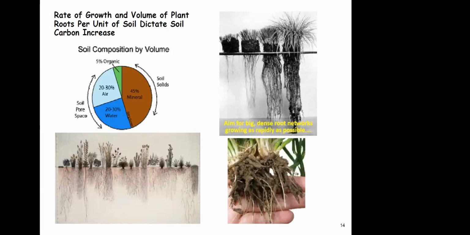And so just as background, you'll see this pie chart here. This is the typical makeup of a plot of soil. You've got 20 to 30% air, 20 to 30% water, and that defines pretty much the soil pore space. Then we have 45% of minerals, and these will vary in makeup radically across the planet.